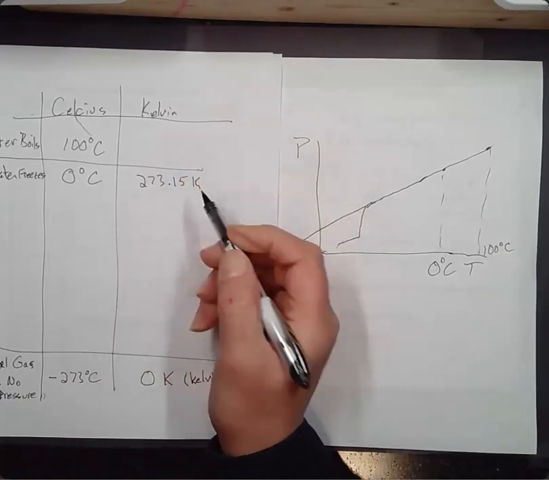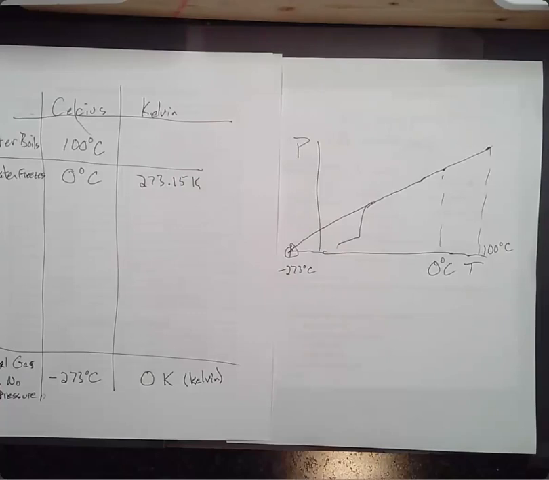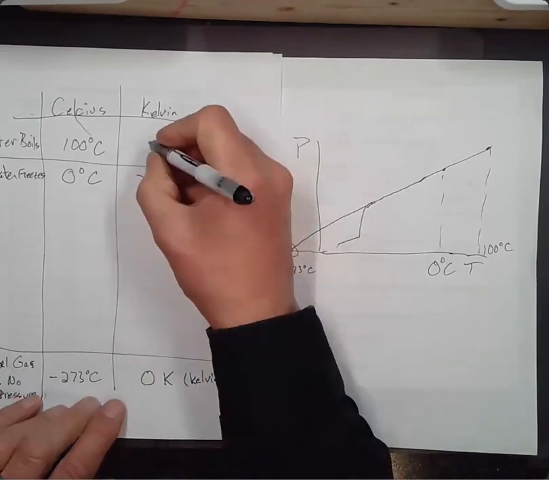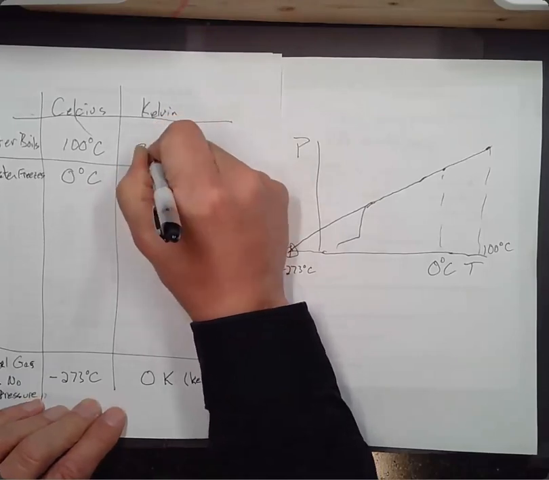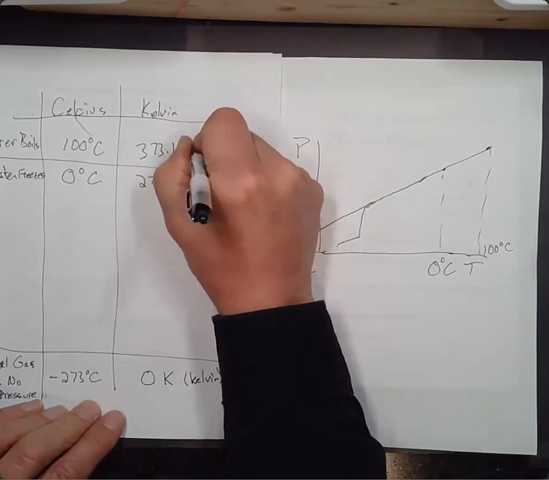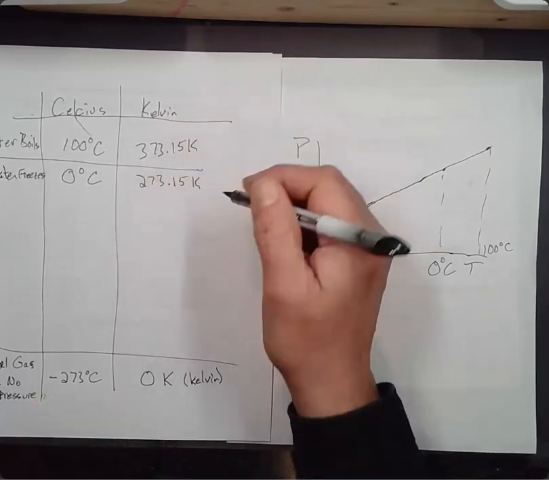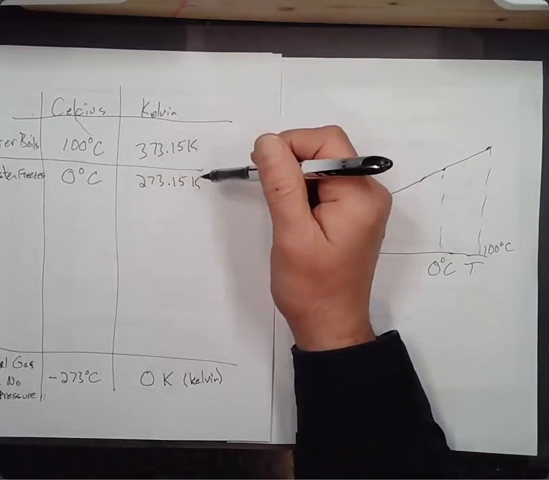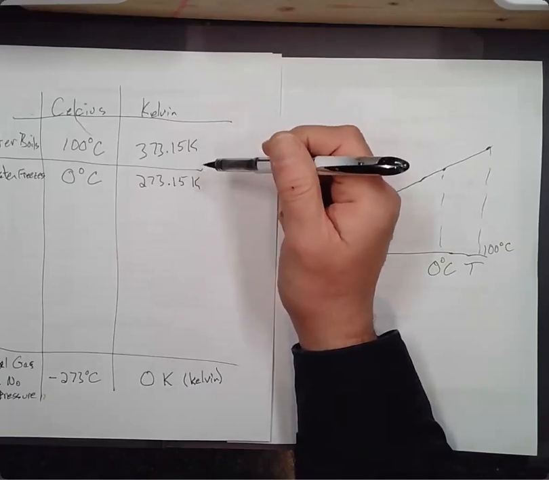And if you've got a bunch of Kelvin, you can call them kelvins with an S on the end if you want to. And then water boils at 373.15 Kelvin. Just sticking an uppercase K there signifies that you're on the Kelvin scale.